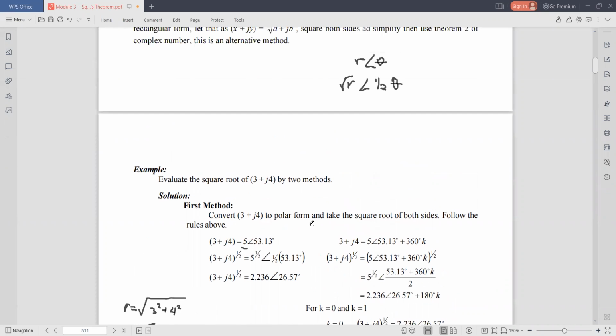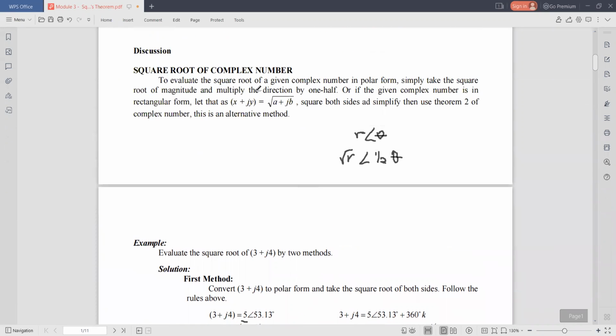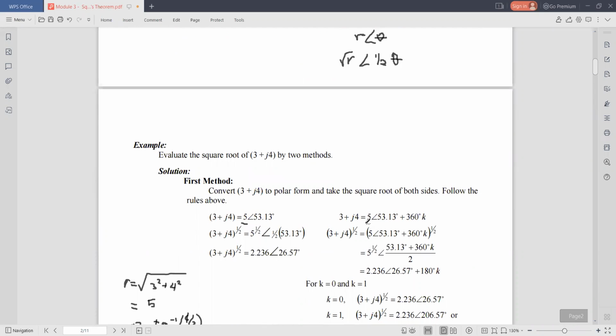So the rule here is that we take the square root of the magnitude. So square root of 5, which can also be rewritten as 5 raised to 1 half.